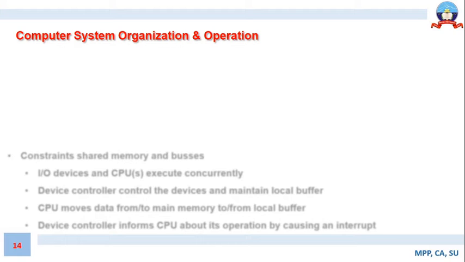Now, CPU registers are high-speed memory that the control unit and the arithmetic logical unit are in direct contact with. CPU register is the only memory of all the memory types with which the control unit and the arithmetic logical unit are in direct contact.